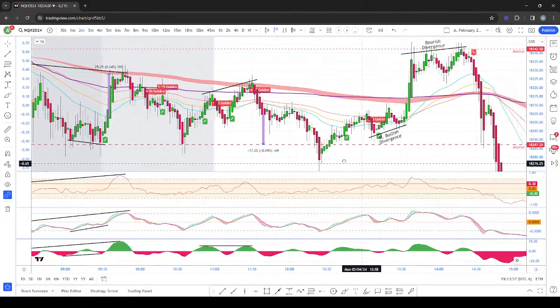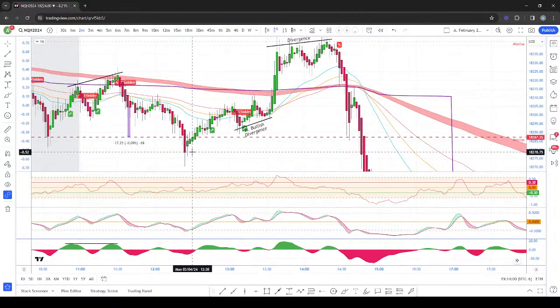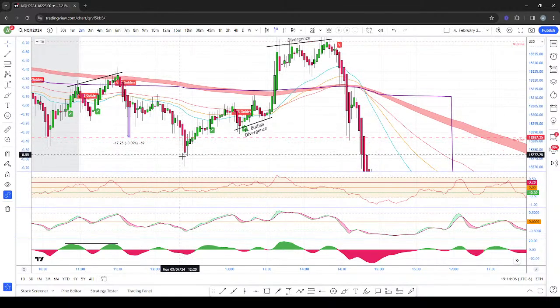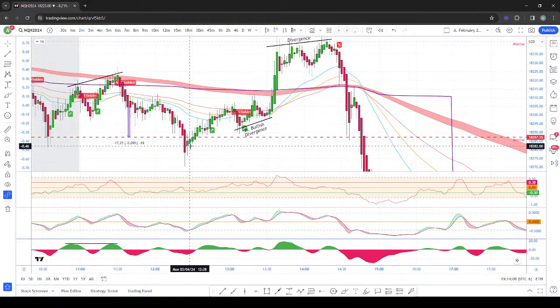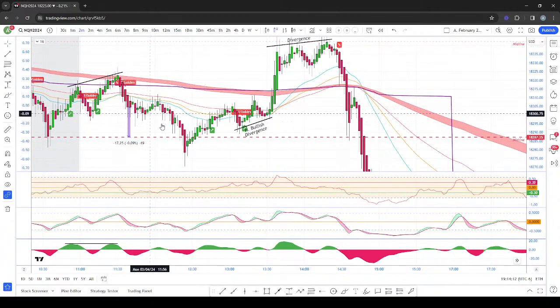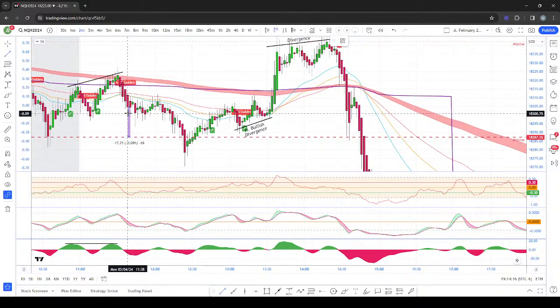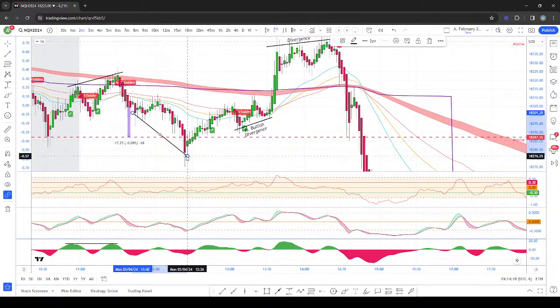Okay, so coming in here, what's really cool is as soon as I get this valley right in here, I can already see the divergence trade forming to the top side. So I really love the bullish divergences.